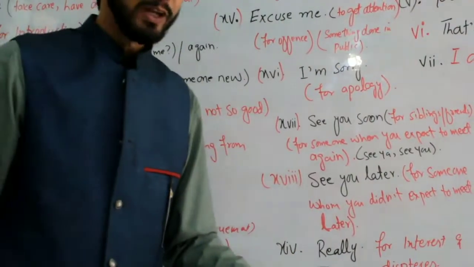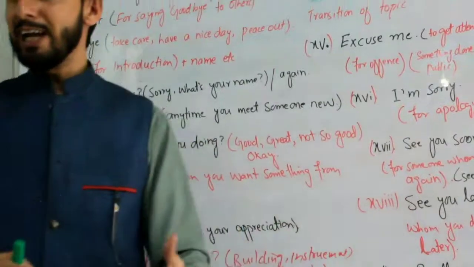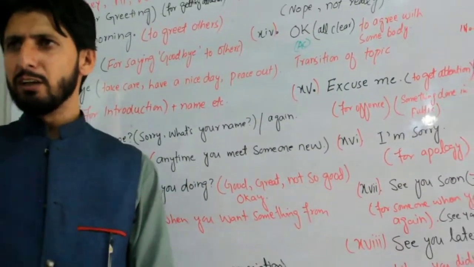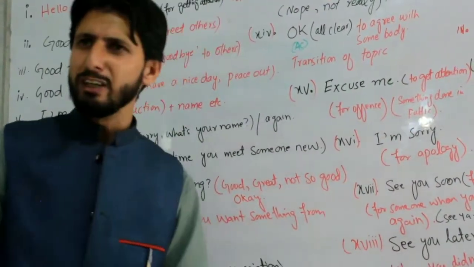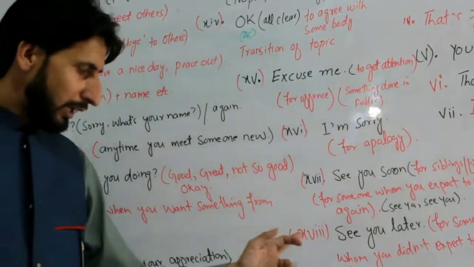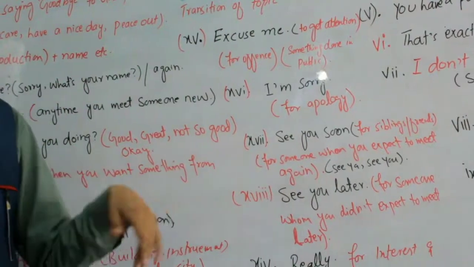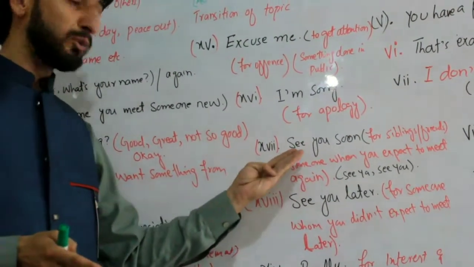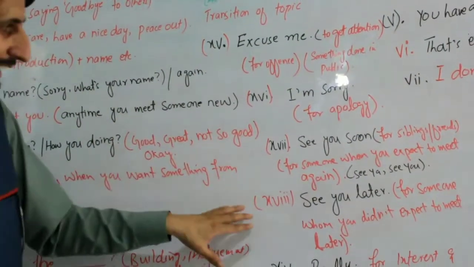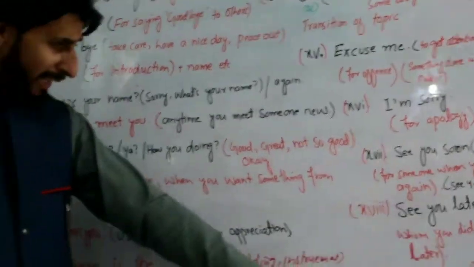A person is strange to you, he is a stranger, and he meets you on the way or in a gathering or in a meeting, and you don't expect that he will meet you in the future. So at the end of the conversation, if you say to him see you later, it is good. But if you say to him see you soon, it is incorrect, because you don't expect him to meet you in the future.